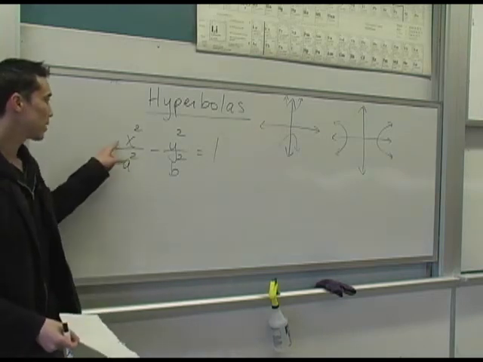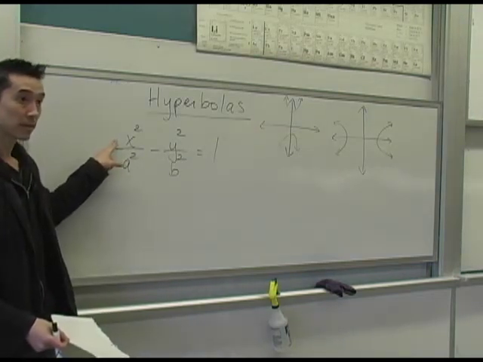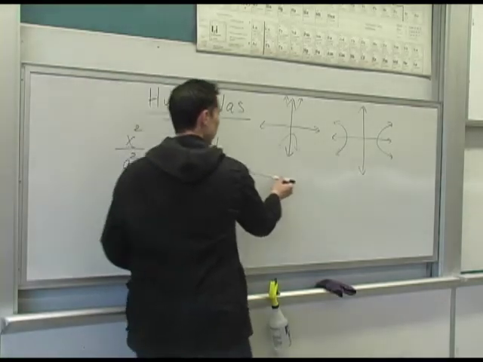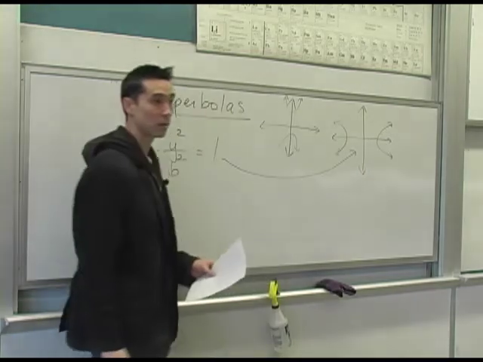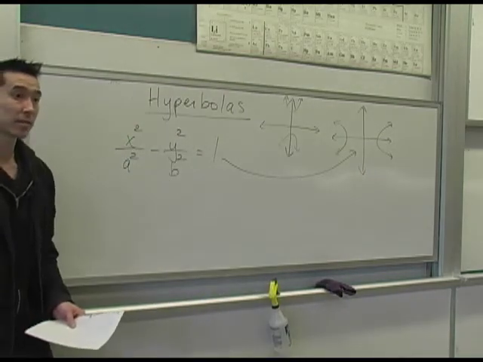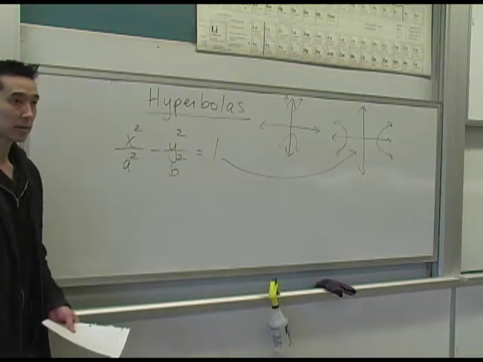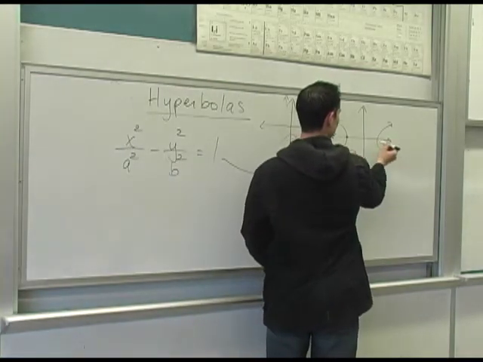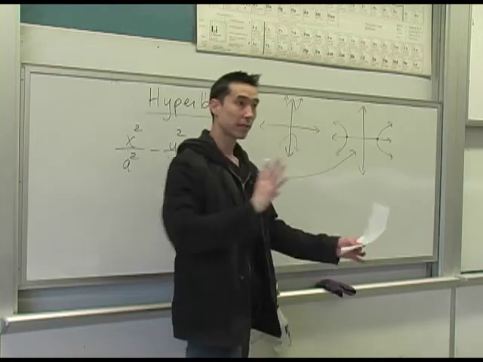Depending on which one is positive, here the x is positive, so you're going to have x-intercepts, and it's going to go left and right. So this guy goes with this picture. Does everybody see why there's x-intercepts? Where are they? X-intercepts, and it goes left and right.